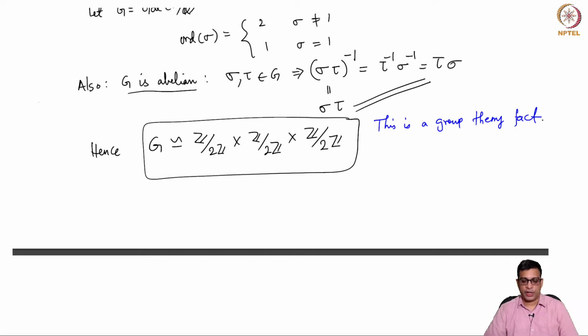You can, for example, prove this using the fundamental theorem for finite abelian groups. You can write them as products of cyclic groups. In this case, of order 8, the only other possibilities are Z mod 8Z or Z mod 2Z cross Z mod 4Z and so on. But in all of those cases, there will be non-identity elements whose order is not equal to 2. So this is the only possibility.